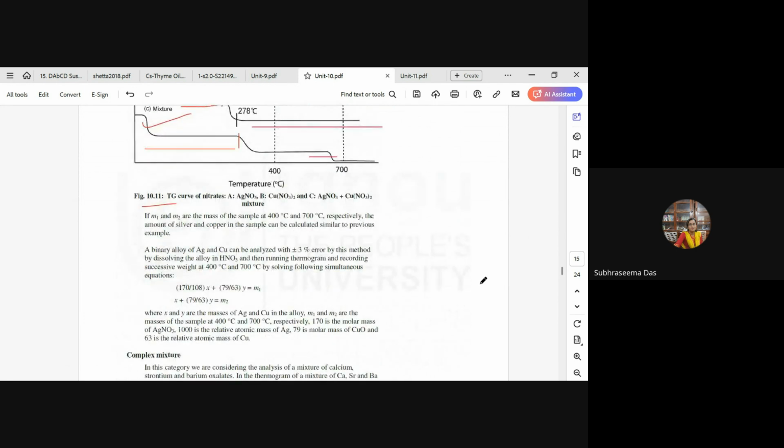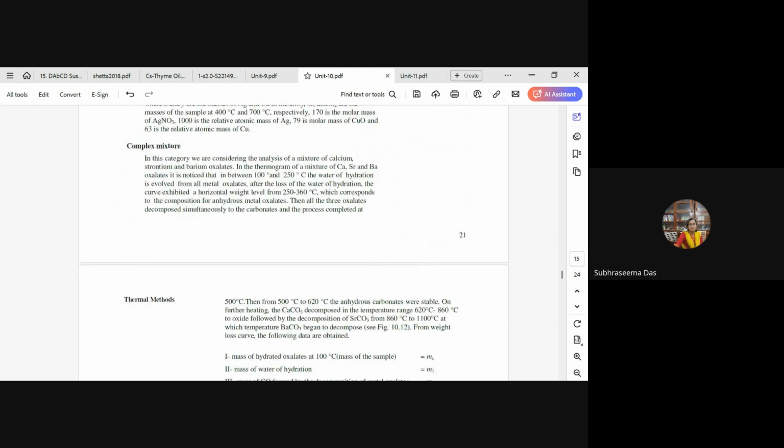So if M1 and M2 are the mass of the sample at 470 degrees centigrade, then the amount of silver and copper can be calculated accordingly. So this is how we can calculate the mass of different metals that are present in a sample from the TGA plots.